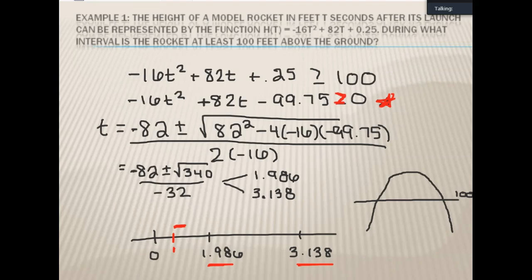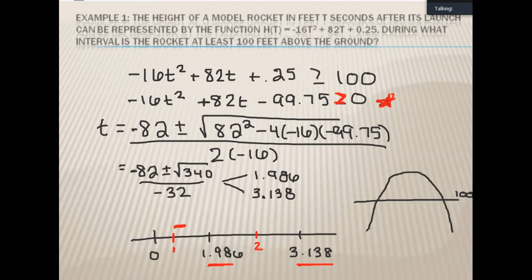So then we go and we plug in the number 2, because that's between 1.986 and 3.138. So you get negative 16, now we're multiplying by 2 squared, and then we're adding 82 times 2 and subtracting 99.75.